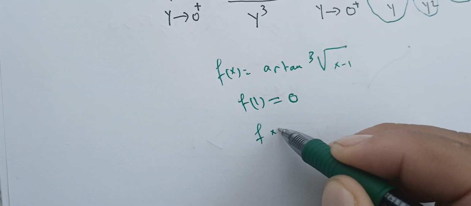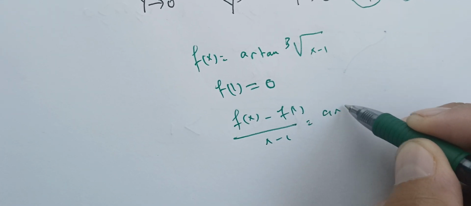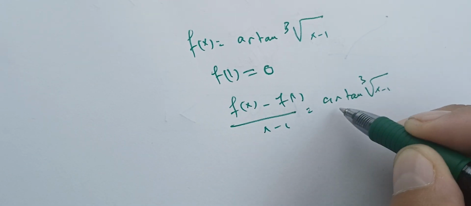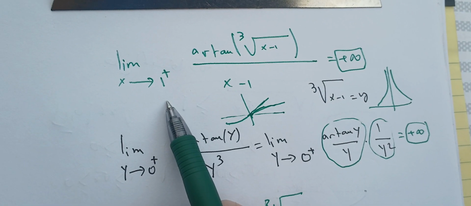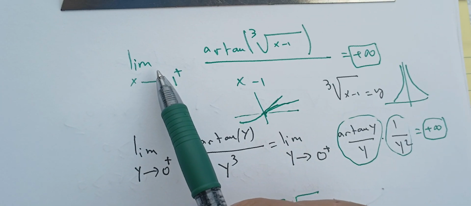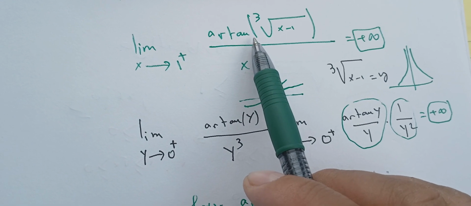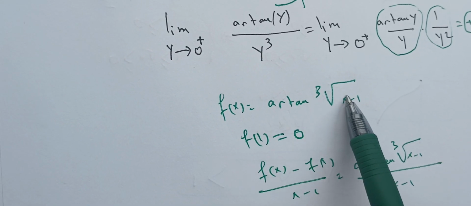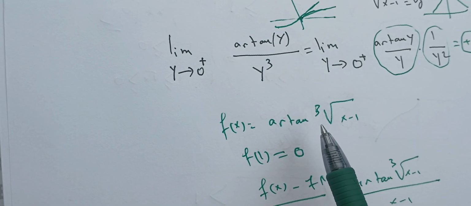Therefore, f of x minus f of 1 over x minus 1 is the arctangent of the cubed root of x minus 1, minus f of 1, which is 0, over x minus 1. So if I take the limit, I'm trying to find the derivative at 1. If we can find the derivative of this function, we can then check the value at 1 and see what happens.